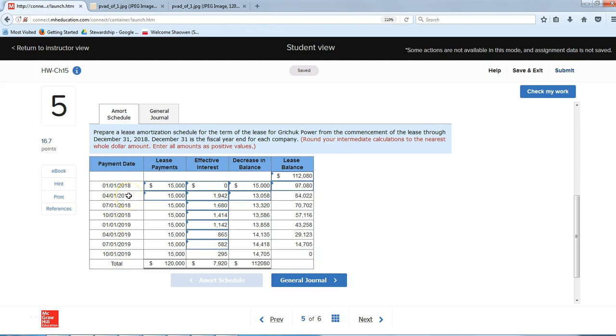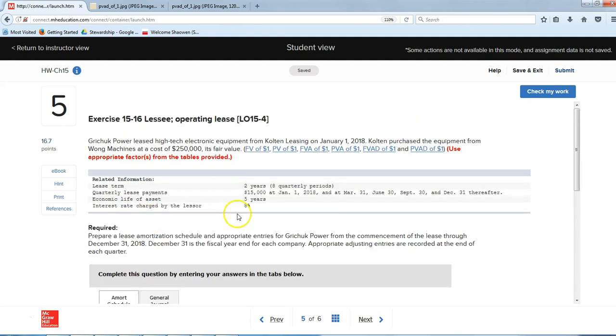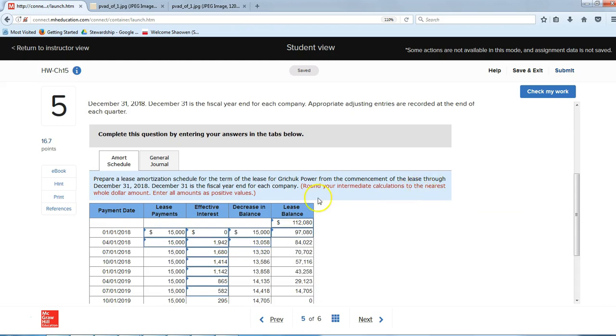This is a mistake by the textbook. They should have put March 31st, then June 30th, September 30th, December 31st, because that is the time they made the payment. Okay, so here the dates are wrong, but it doesn't affect our way to journalize interest and lease payable.